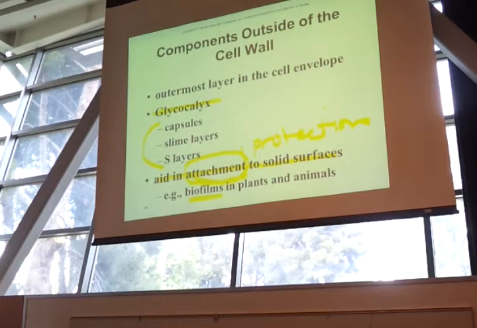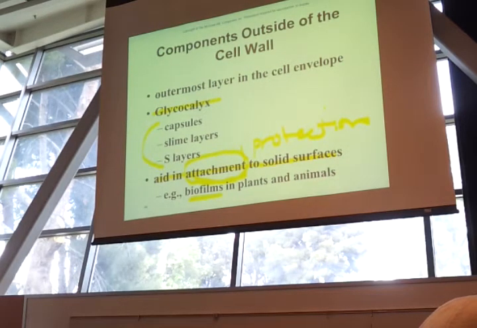So I do want to briefly introduce it so that when this term comes up, you know what I'm talking about, but it will be written into the notes a little bit later as well. A biofilm basically is a collection of different bacterial cells that stick together and then start functioning together.